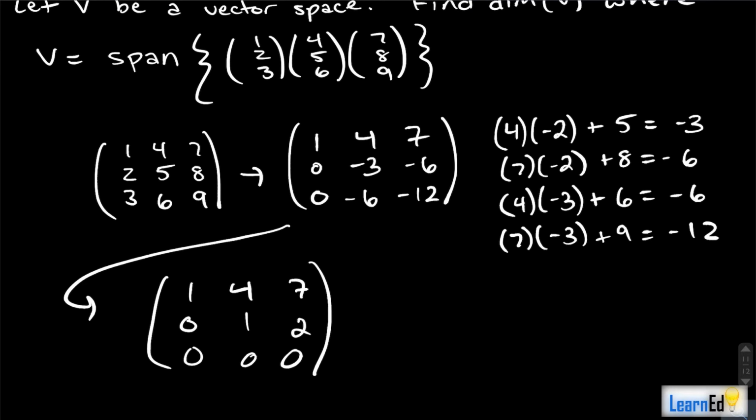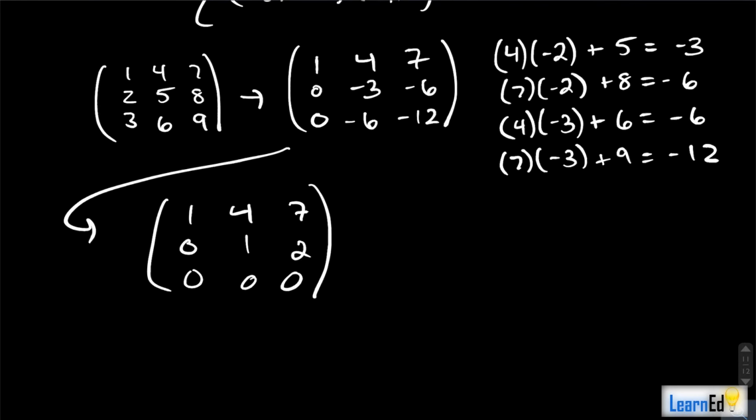None of these values matter here because there's no pivot in that column. Since this is in row echelon form, we can say that these are linearly dependent and that we have 2 pivots, so the dimension of V is 2.